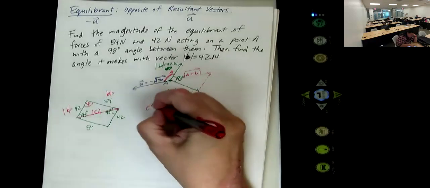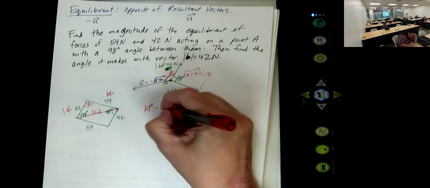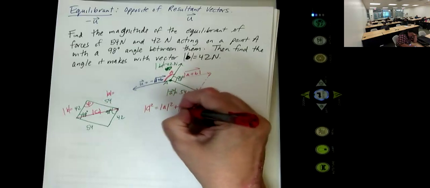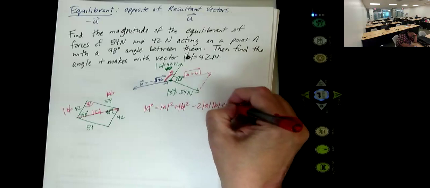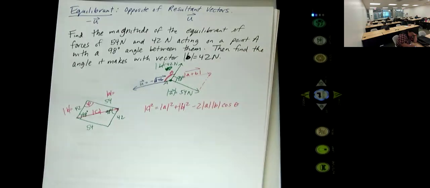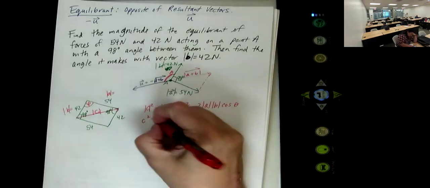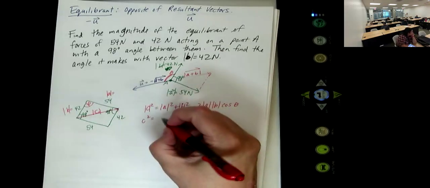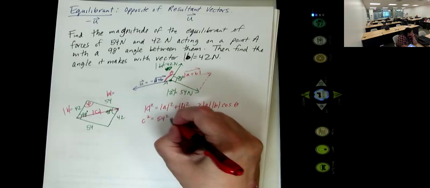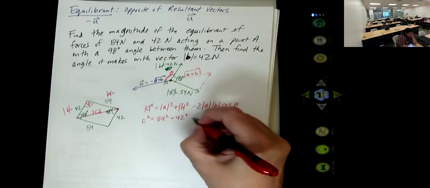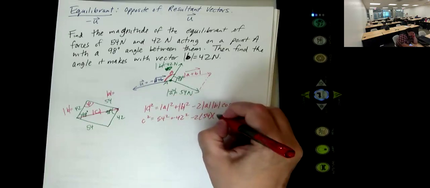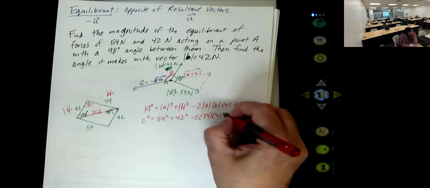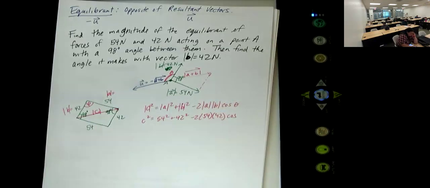So again, we're doing C squared equals magnitude of A squared plus magnitude of B squared minus 2 magnitude of A, magnitude of B, cosine of theta. A squared is 54 squared plus 42 squared minus 2 times 54 times 42 times cosine, oh, I don't have theta or psi yet.